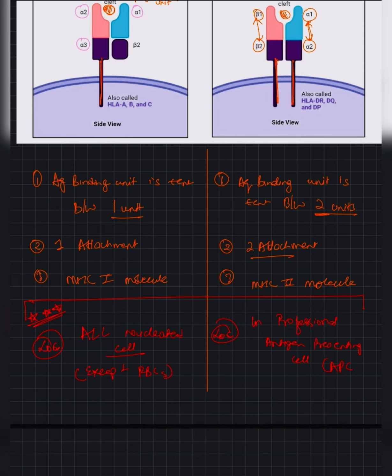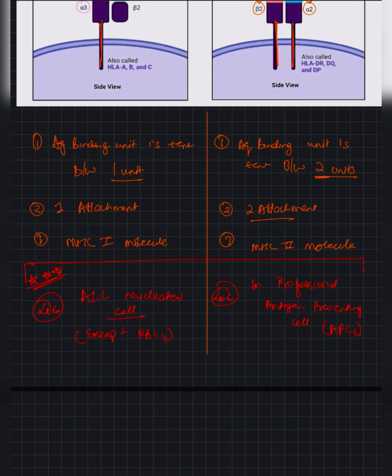It's nothing but APCs. Now these are three types: B cells, macrophages, dendritic cells. Now, since we know that B cells, macrophages, dendritic cells are also nucleated cells, will these not have MHC1?